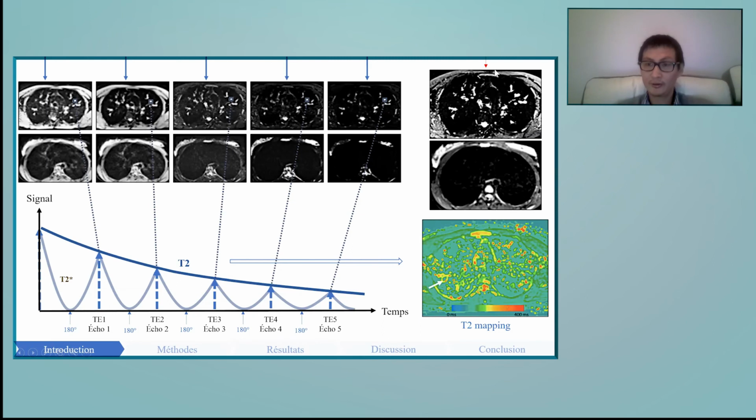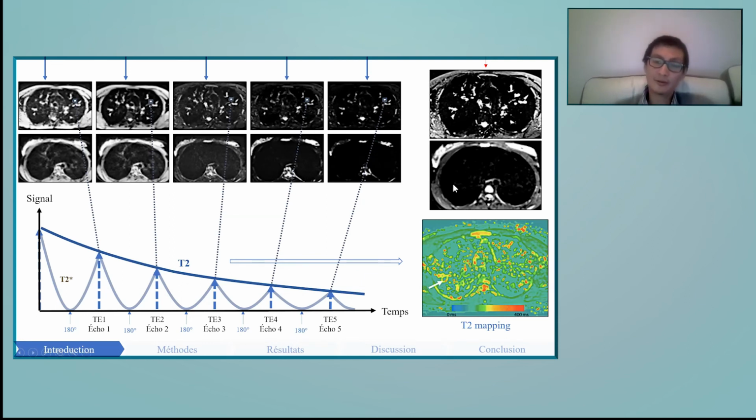So here is an example of a patient with cystic fibrosis, where we can see high T2 signal intensities contributing to an increase in water, and this is seen in inflammatory modifications such as mucus plug or airway wall thickening. And this is an example of a patient without any abnormalities, and you can see that the lung is a black hole, and I like this.